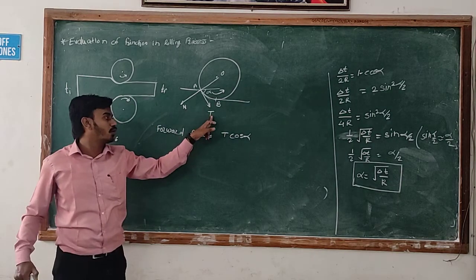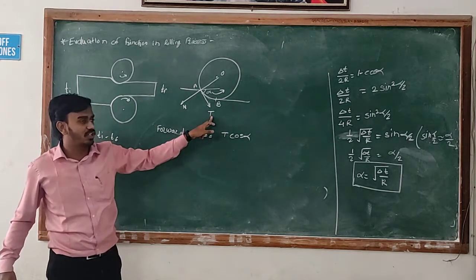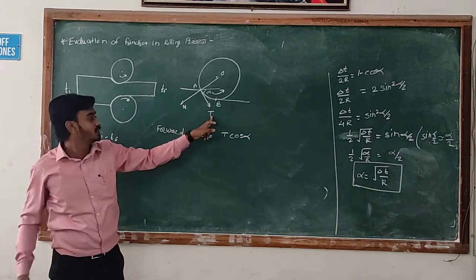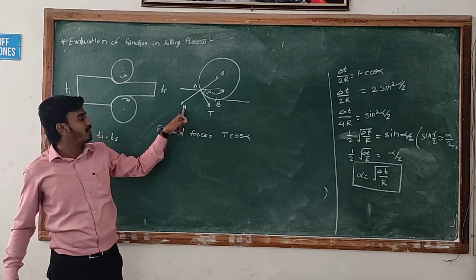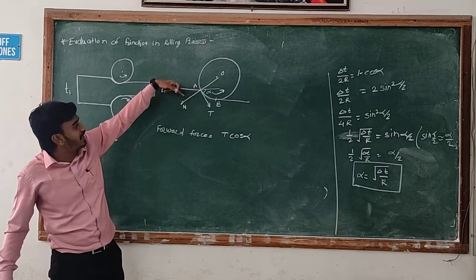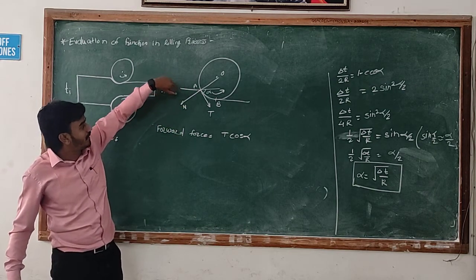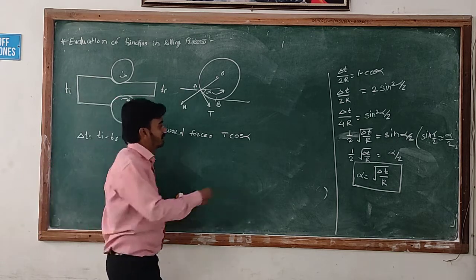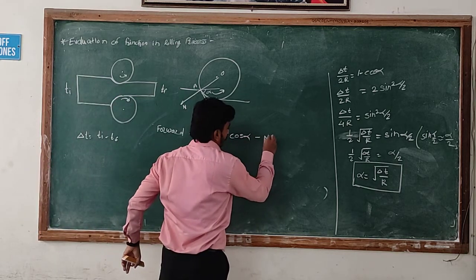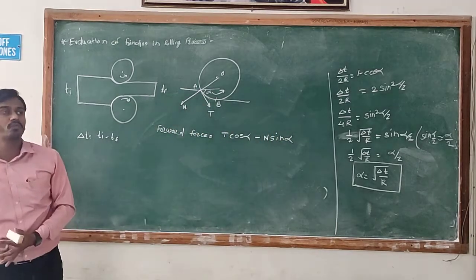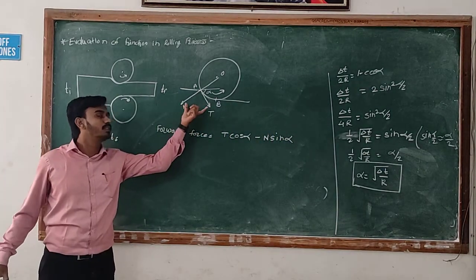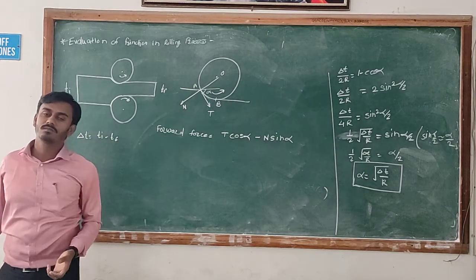The component of T along x is T cos alpha, and the component of N along x is N sin alpha, but it is in the opposite direction, therefore it is minus N sin alpha.